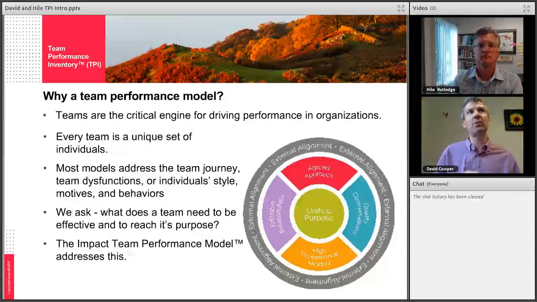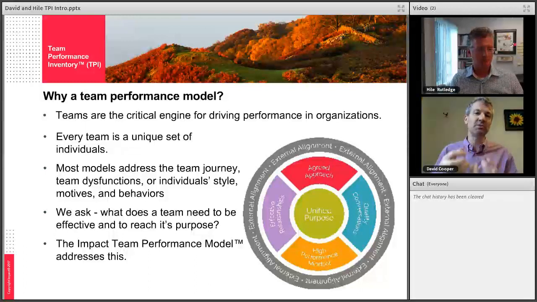We realized that we were working with a number of very disparate models that addressed various elements of a team, and it wasn't quite giving us everything we wanted in a common language tool or a single space to really work with teams to help them become as effective and successful as possible, and to perform at the highest levels possible.